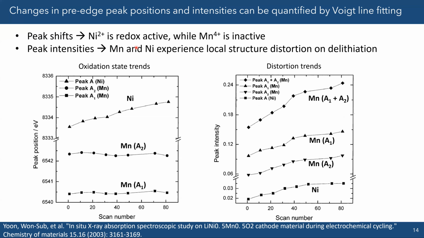I should clarify that they did both manganese K-edge and nickel K-edge experiments, so they probed the absorbance around both the manganese and nickel ions. If we look at the peak intensity trends, we can see that both the manganese and the nickel atoms show more distortion on charging. So that's useful qualitative structural information to know.